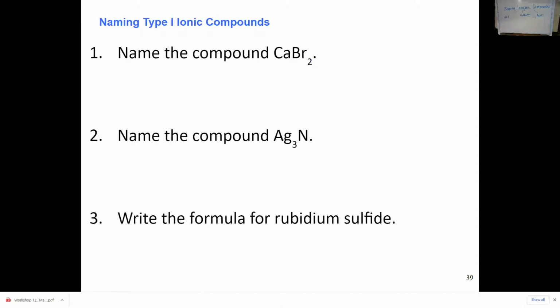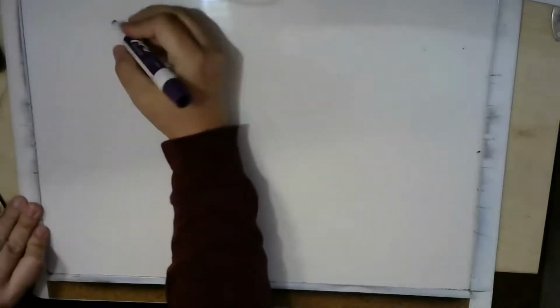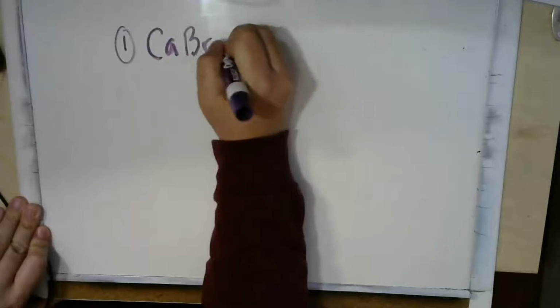Okay, so let's look at these examples. I'm going to switch over to my whiteboard so that we can do these examples out. Okay, so the first example, we have CaBr2.